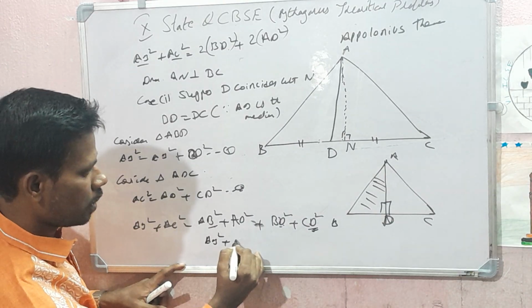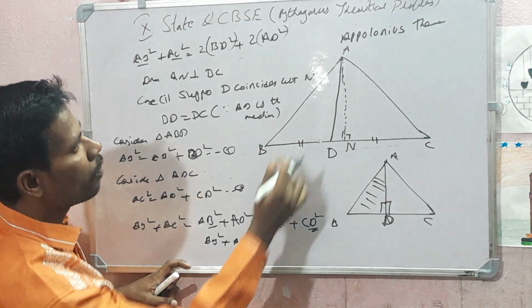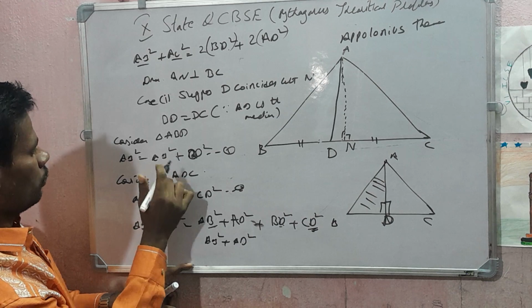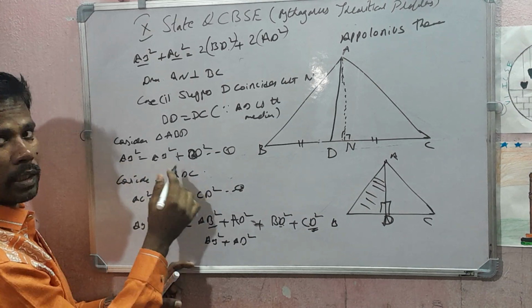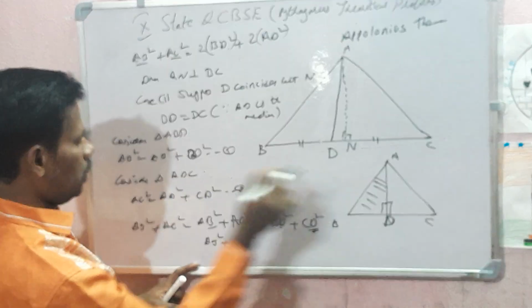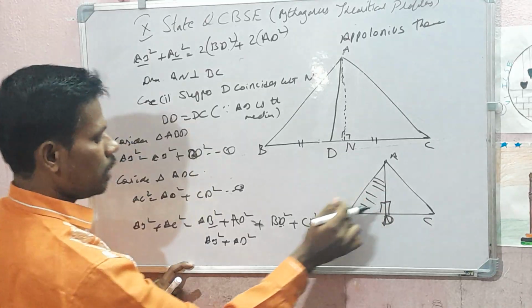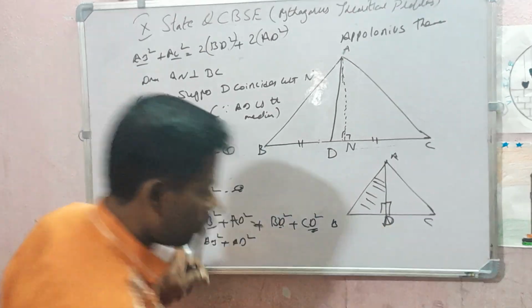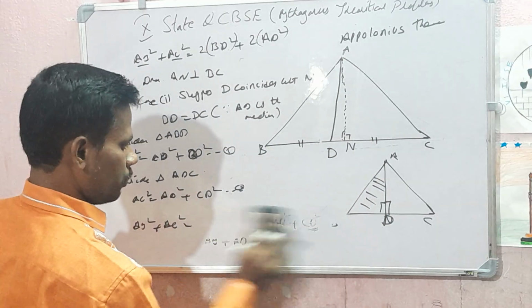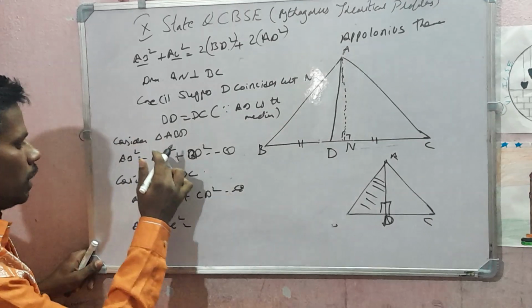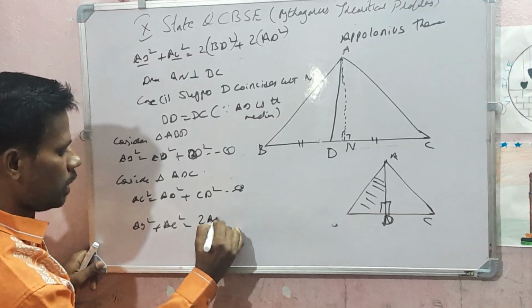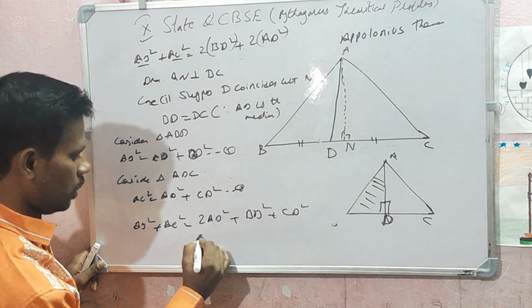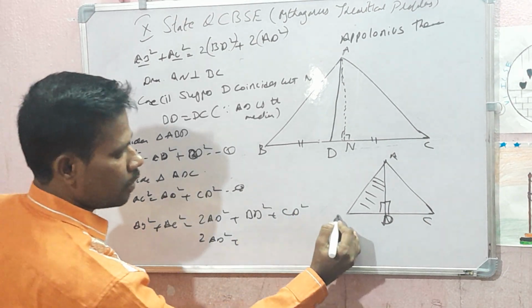Please remember, considering triangle ABD, AB square is equal to AD square plus BD square. AD square plus AD square is twice AD square, and then plus BD square plus CD square. Here it is a mistake, please make a note of it.